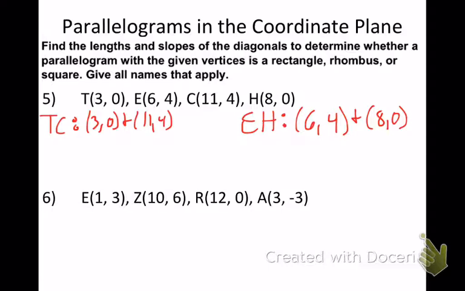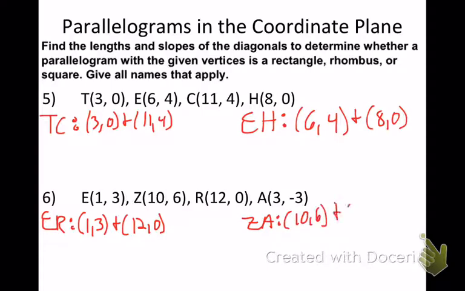And then same thing with number 6. I want to find the diagonal of ER, which is 1, 3 and 12, 0. Then I have ZA, which is 10, 6 and 3, negative 3. All right. Take a couple seconds to try these two on your own. Find the diagonal's distance and their slope.